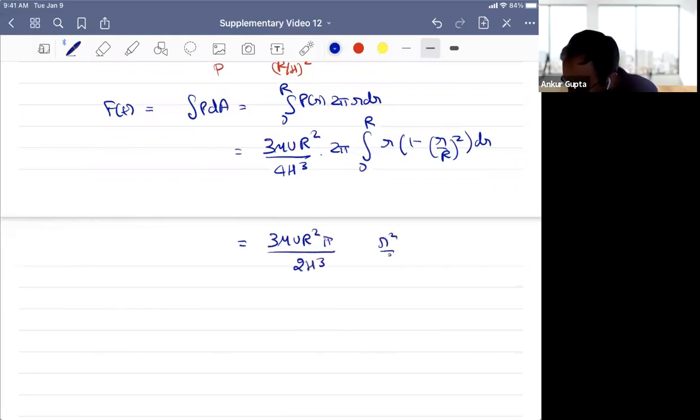and then this becomes R square r square by 2 minus r to the 4 by 4R square. I'm doing this a bit fast because these are simple math steps that you can do yourself, and they are not very difficult to see.